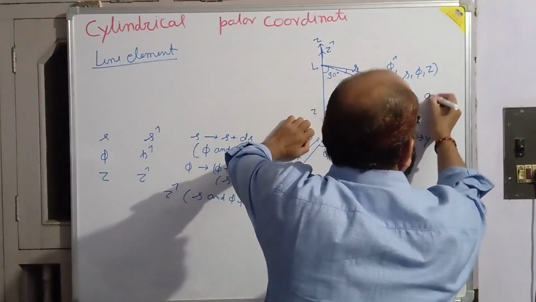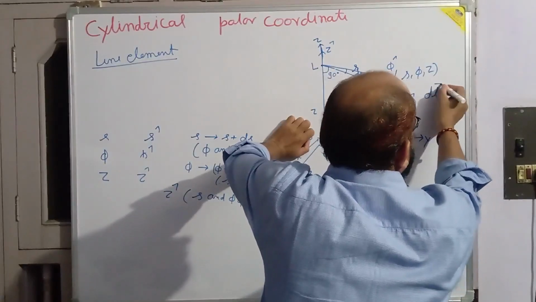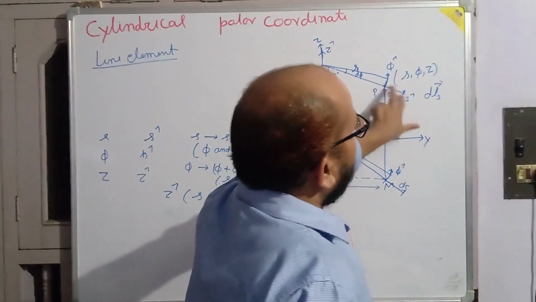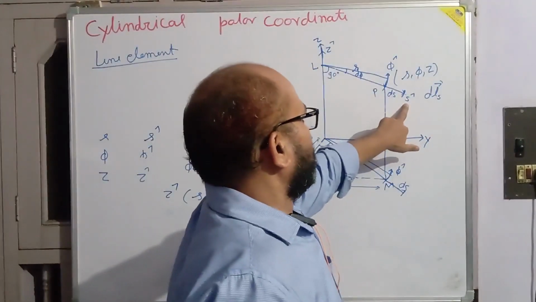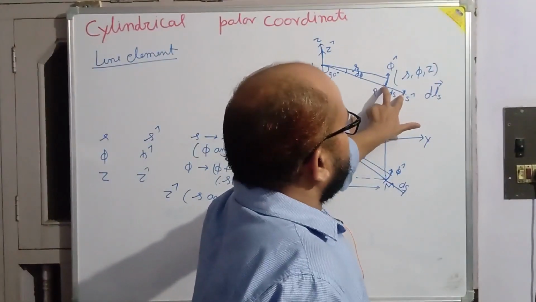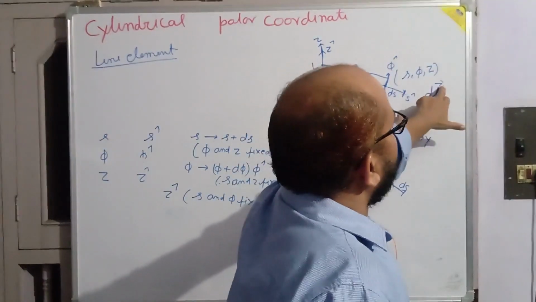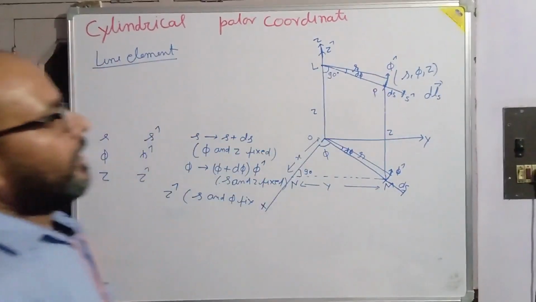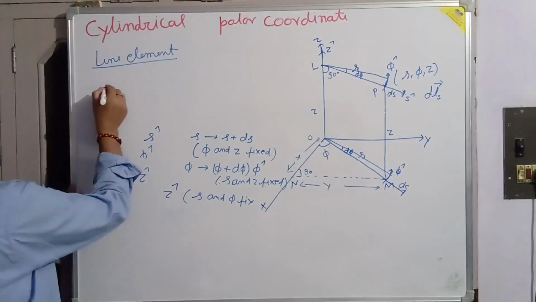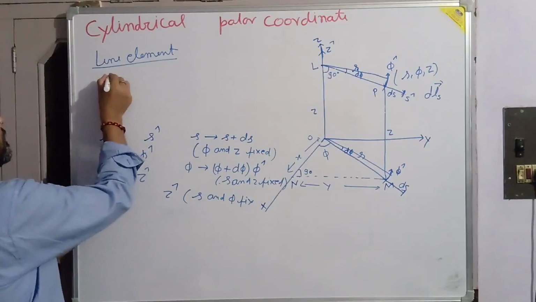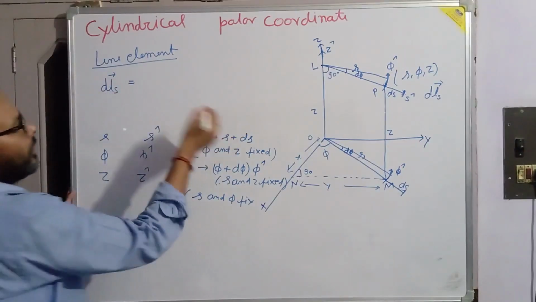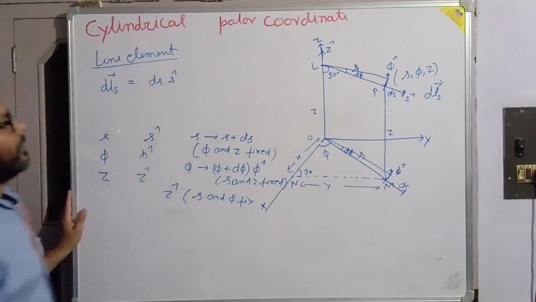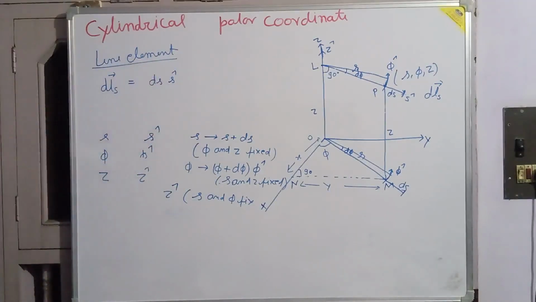So the line element dl_S has magnitude dS and direction S cap, so dl_S equals dS S cap.